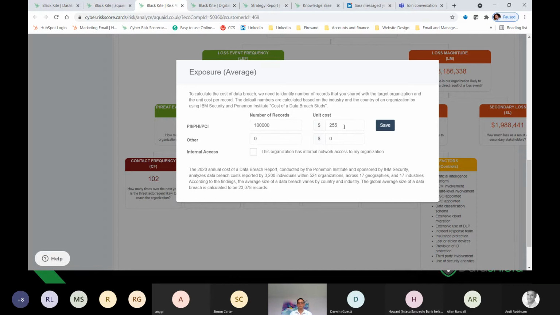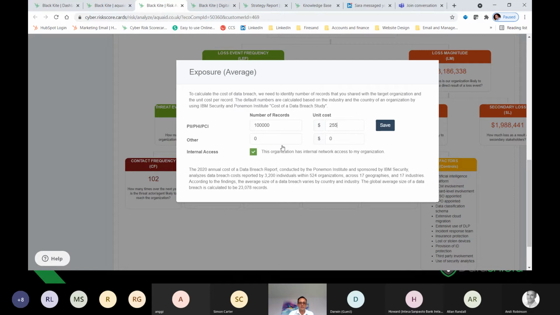Now, this figure here of $255 is immediately derived from the Ponemon Institute and the IBM cost of data breach, where they analyze 17 different geographies across 17 industries and thousands of customers data to get an average, thousands of data points to get an average cost of each piece of data and information if it was breached and leaked. And you might have a figure that's a lot higher than that or a lot lower, and again, you can alter that.